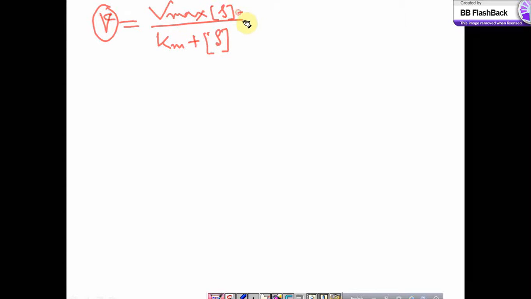This S is the substrate concentration, and this Km is a very important equilibrium constant. You can write Km in this way: k minus 1 plus k2, divided by k1.